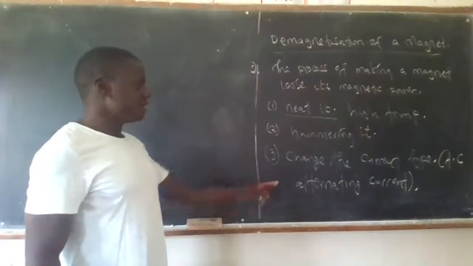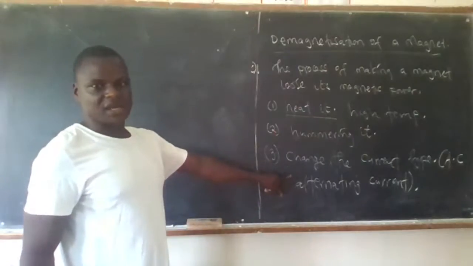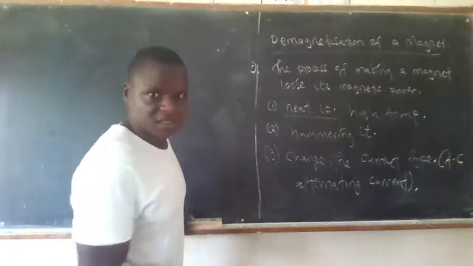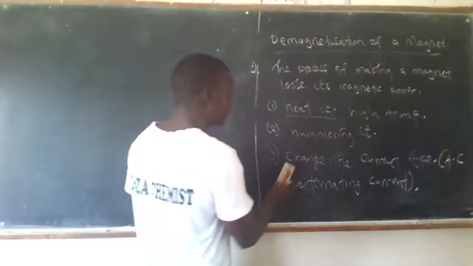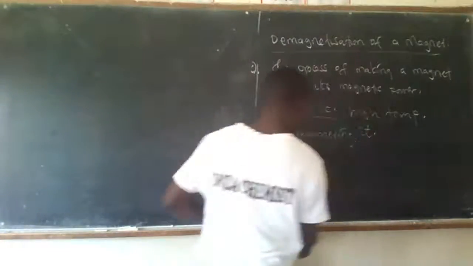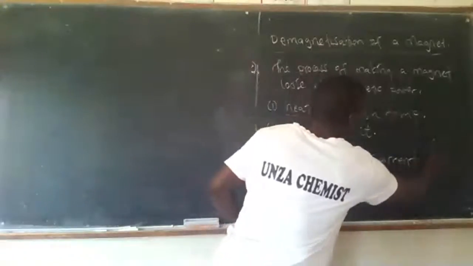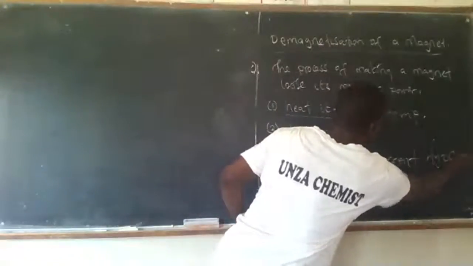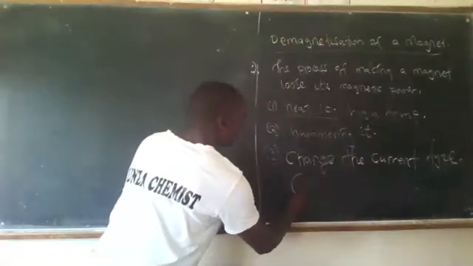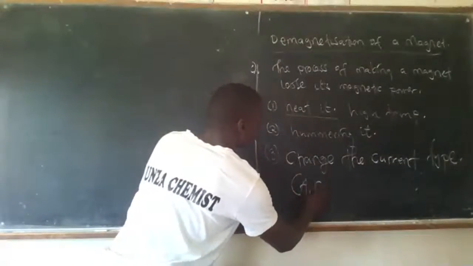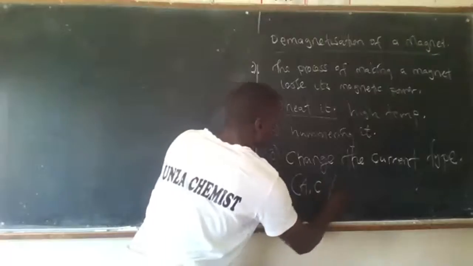Now, if by any means you're trying to use this, I don't know if you can see the handwriting. So I'm saying change the current type. Instead of using the DC, the one that we had at first, we have to use AC. Now, what is AC?